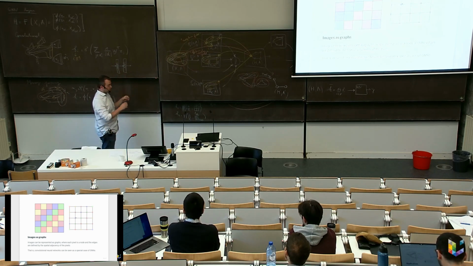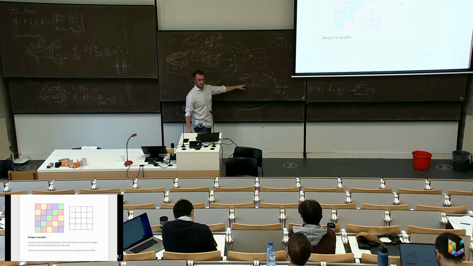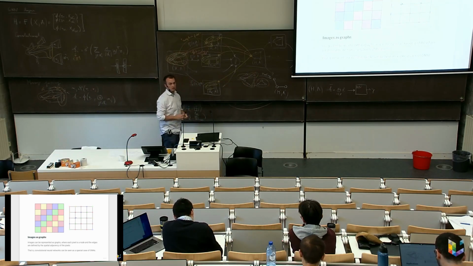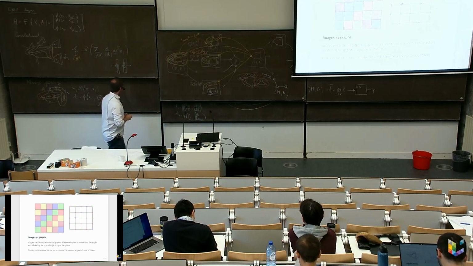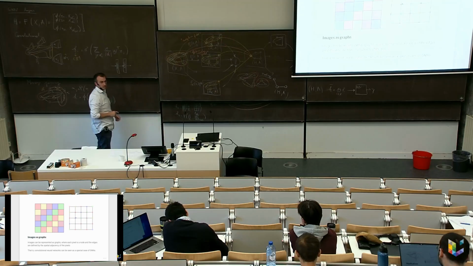If you want to reach different regions of the input image much faster, you need to pool the representation, pool the image, or pool the graphs, and then very quickly you will reach much further away when you do the second convolution, or the second GNN layer in the case of GNNs.